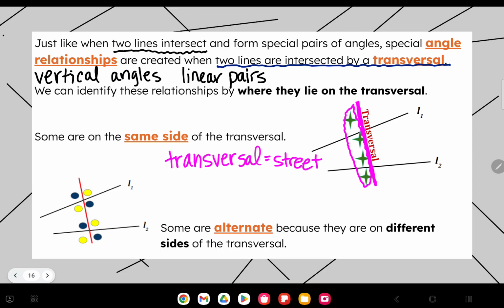But then over here, we have pairs that are on alternate sides of the street. They are on different sides of the street from each other. So you have to cross the street to get between them.